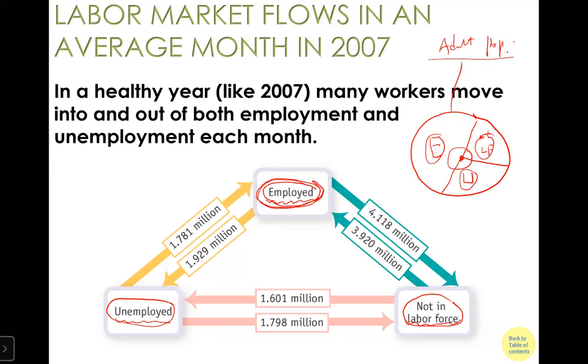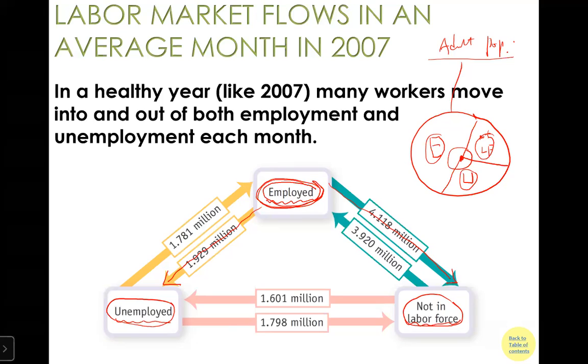At any point of time, two things can happen. One, I may move from employed to unemployed. Or, I was employed, but then I become not in labor force. So those are two possibilities.